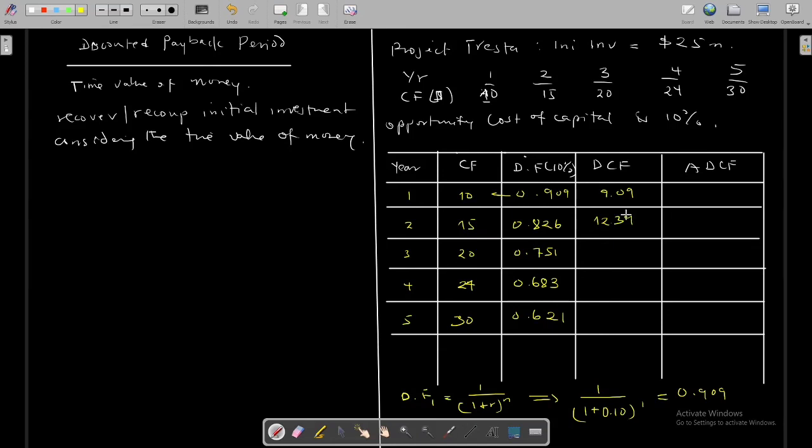Then 0.751 times 20 will give us 15.02. Then 0.683 times 24 will give us 15.31. Then 30 times 0.621 will give us 18.63.